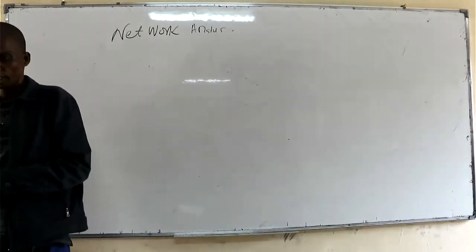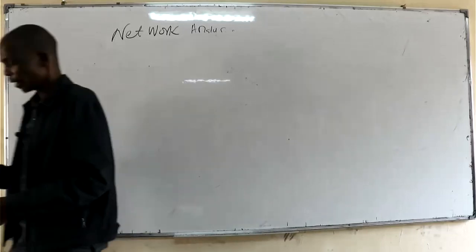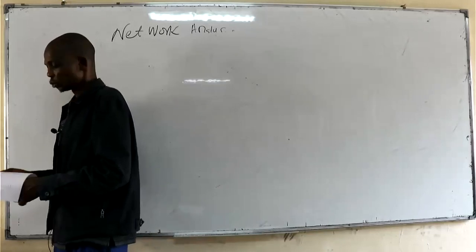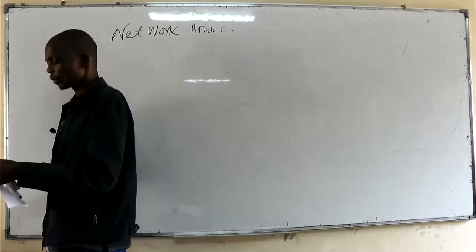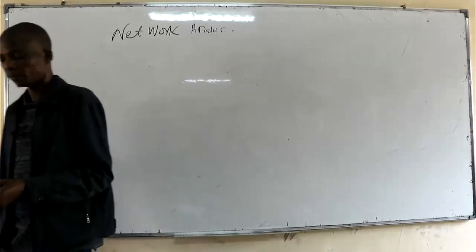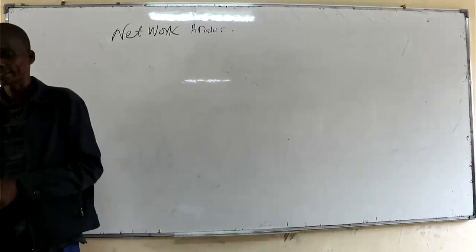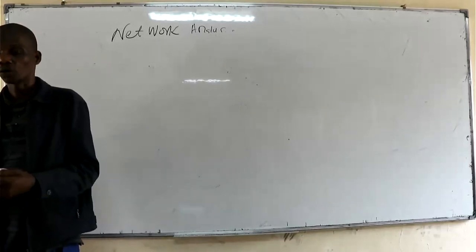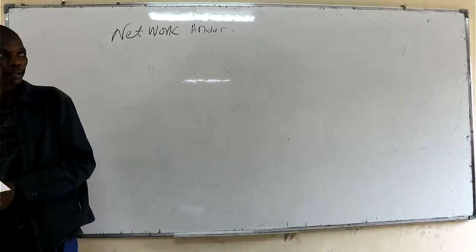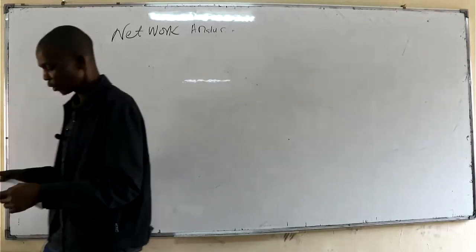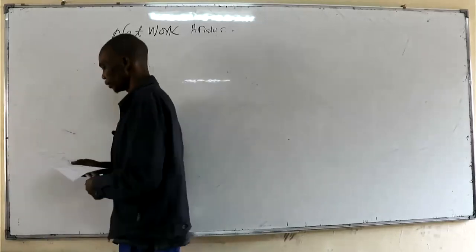We are going to see how it is determined when the network is being drawn, and then determine the project duration. We may ask ourselves why we have to study networks. It's important because it assists planners to determine the costs involved in the whole project. It can also assist planners to determine the resource requirements for a project, and so on. That's why it is important for us to understand the network.